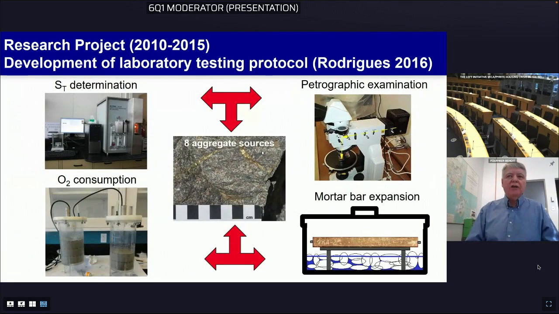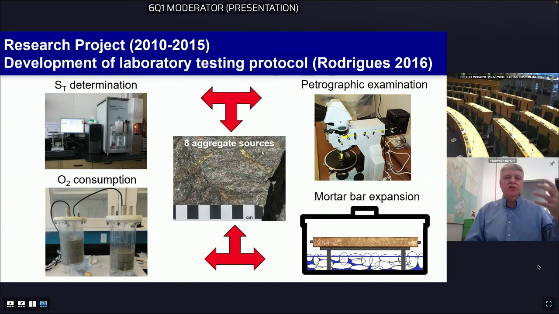And a big part of the project actually focused on the development of what we call a testing protocol. On the basis of 8 aggregate materials, coming from Trois-Rivières, where the problem was identified, but also some materials we collected from Europe, which have been identified in scientific papers as problematic through pyrrhotite reaction, we developed a range of different test methods in order to evaluate the potential reactivity of the aggregates tested.